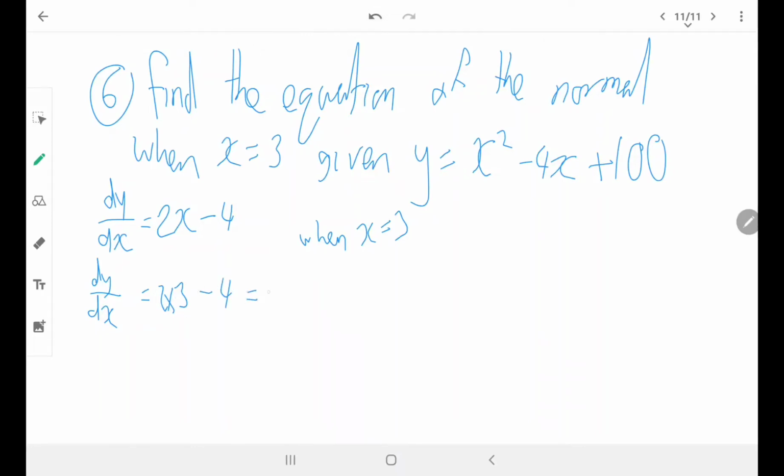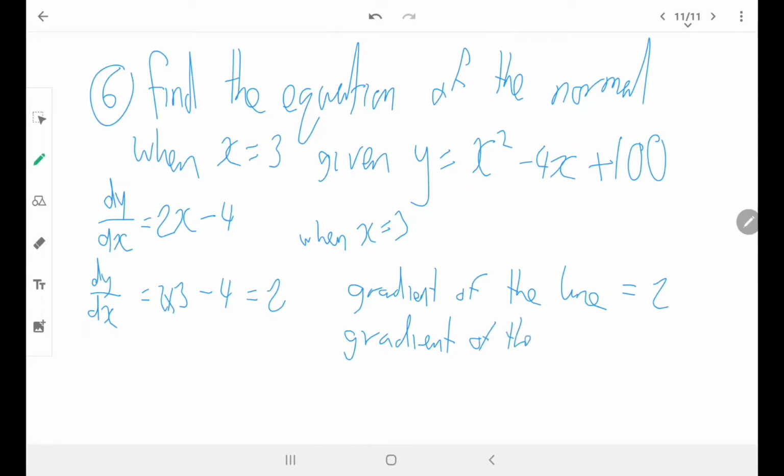That's 6 minus 4 is 2. So our gradient of the line equals 2, and therefore the gradient of the normal equals minus a half.